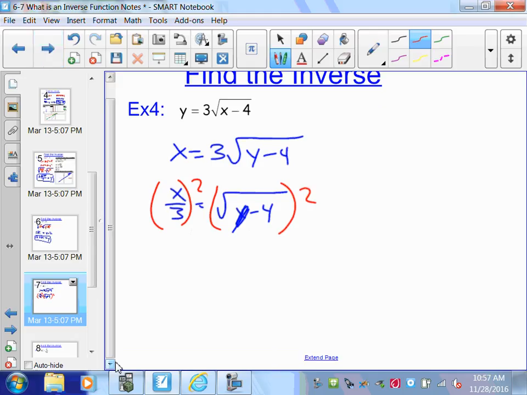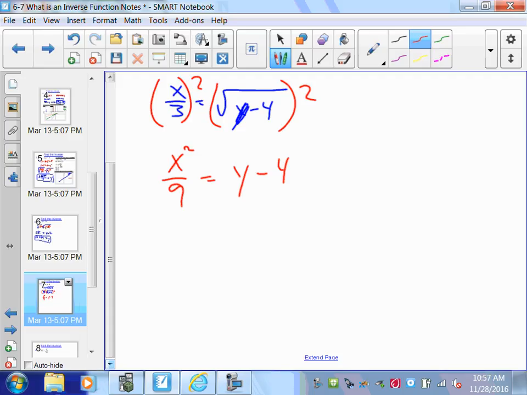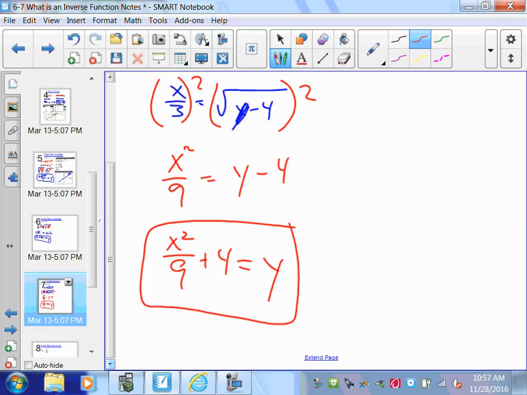So this becomes x over 9 is equal to y minus 4. Therefore, y is plus 4, which is your inverse. Not really. There's nothing to, because you're not solving, you're just simplifying the equation, you're not solving it. Yeah? All right, 2 more.